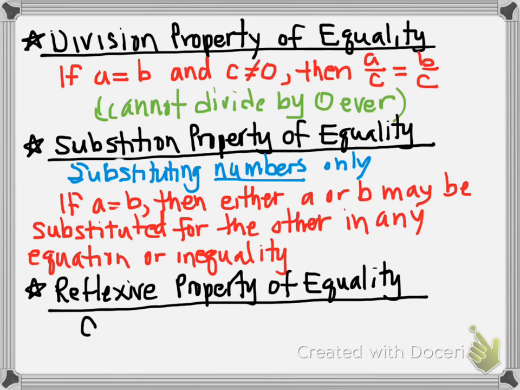It's basically saying that a value is equal to itself. Okay, now that seems stupid. Why would I ever do that? You'll see why in a little bit when we get into our proofs.